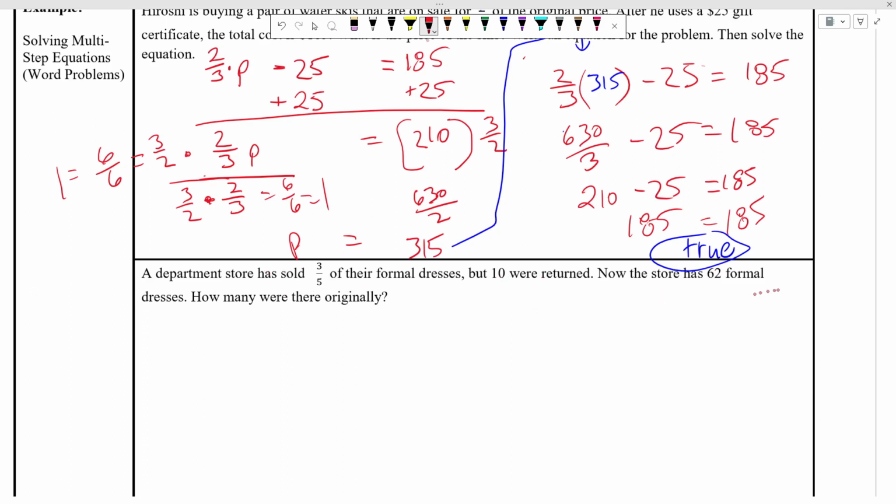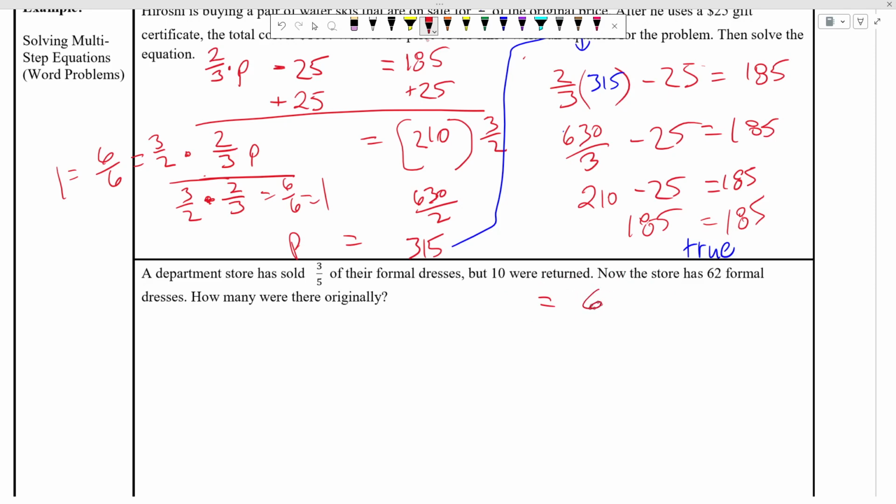Okay, so now the store has almost 62. Oh, interesting. So we have a department store, they have dresses, and the store now has 62. That "now has" would be my indication that there's an equal sign.